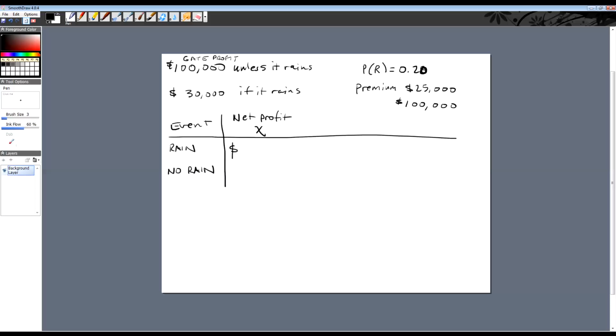So he would get $100,000, okay, if it rains. He would also get $30,000 in the event of rain, but he's out a premium of $25,000. Which is a net profit of $105,000. I'll abbreviate 1,000 as K. So $105,000.